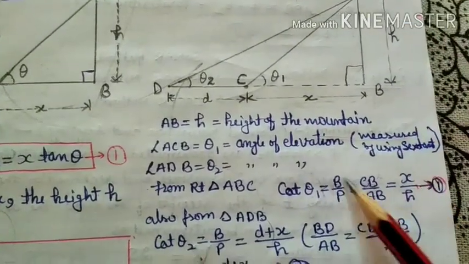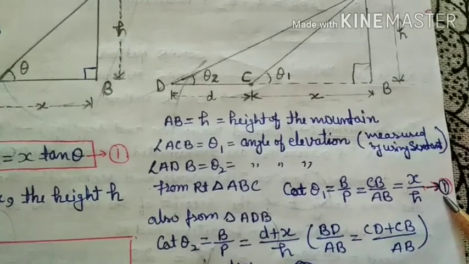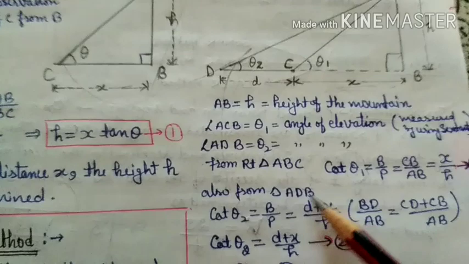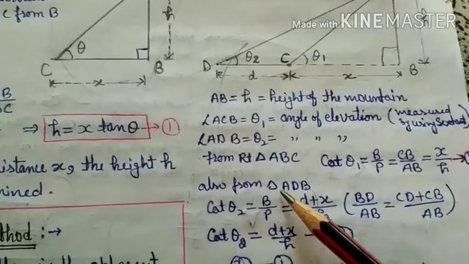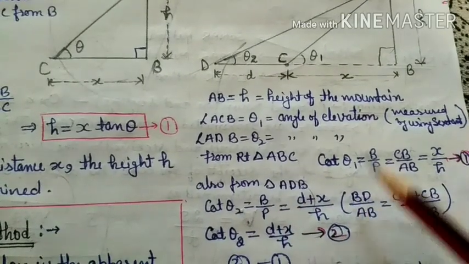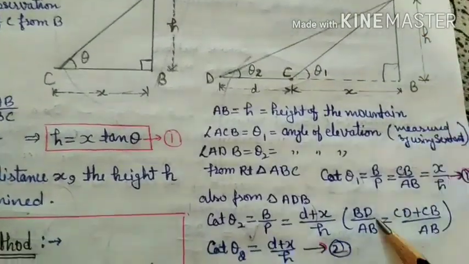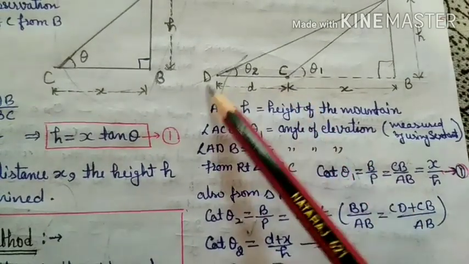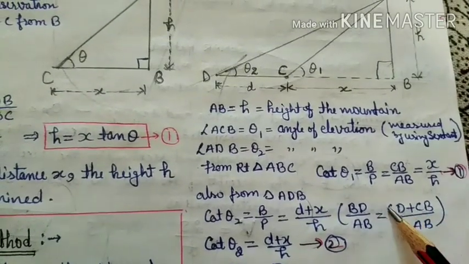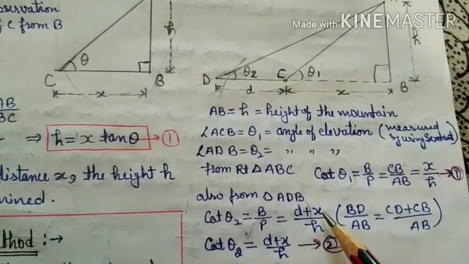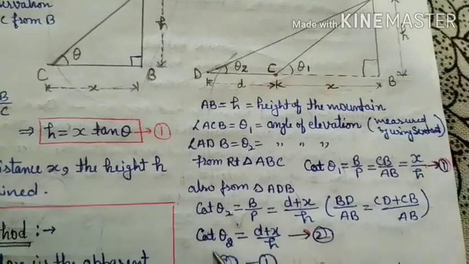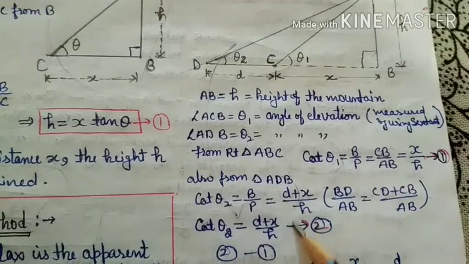So cot theta 1 is x upon h. This is equation number 1. Similarly, from right angle triangle ADB, cot theta 2 is equal to base upon perpendicular. Base is BD, upon perpendicular AB. BD is CD plus CB, where CD is d and BC is x, and AB is h. So cot theta 2 is d plus x upon h. This is equation number 2.